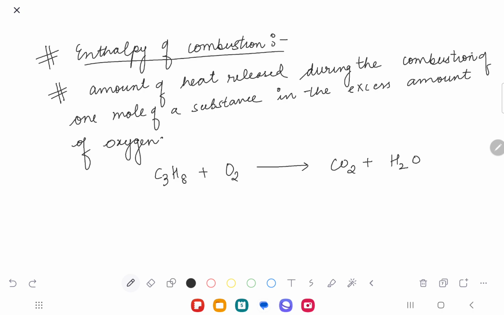So who am I combusting here? I'm combusting propane, isn't it? I'm combusting it and I'm getting CO2.